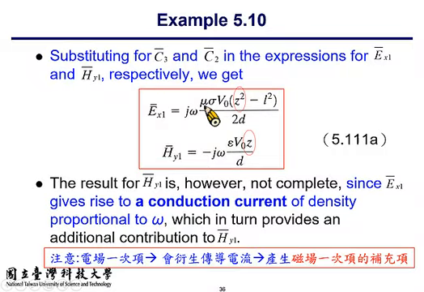So the presence of EX1 will again produce another current. And this current will again produce a magnetic field.